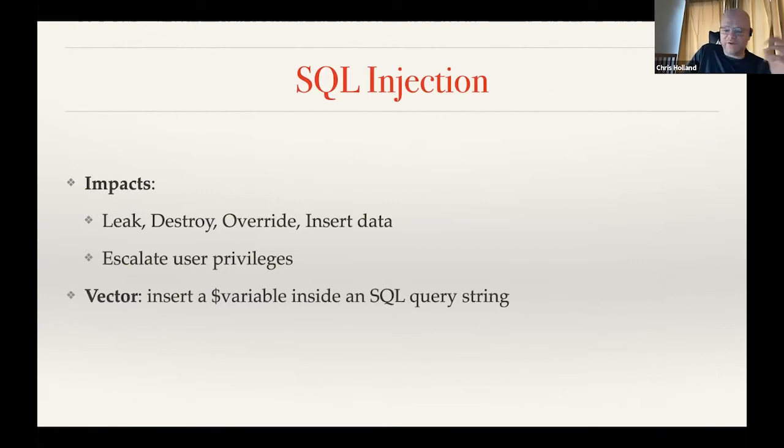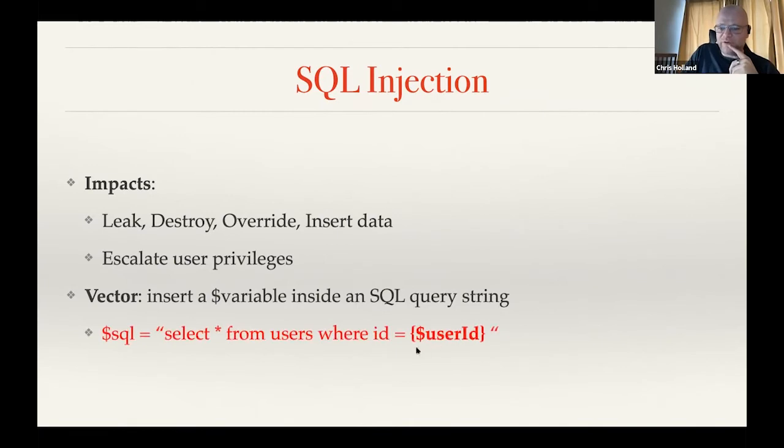And the vector is very simple. An SQL string is a database query. And so most often we need to insert a variable as part of a database query. The vector of vulnerability is when somebody, whichever language you operate in, just blindly inserts a variable reference inside of your SQL string.